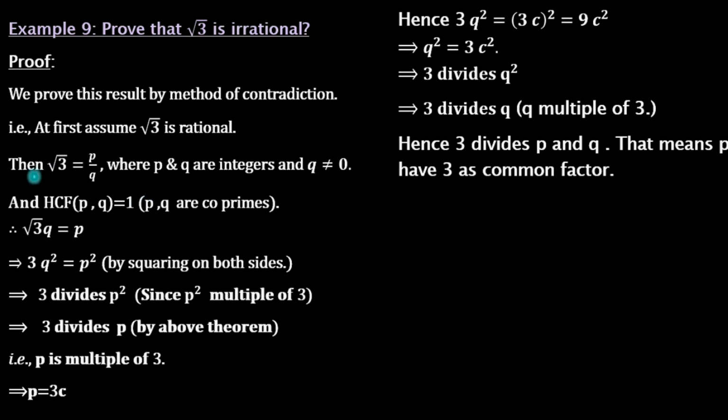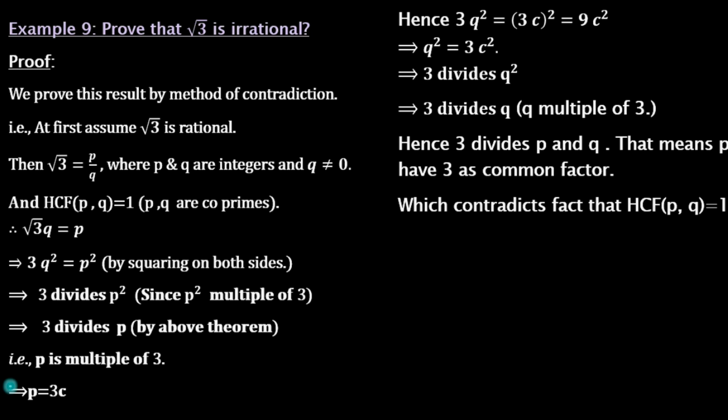We got something wrong along the way. We took HCF of p and q equal to 1, but we got that p and q have another common factor, which is 3. So HCF cannot be 1. It may be 3 or greater than 3, which is a contradiction to the fact that HCF of p and q equals 1.